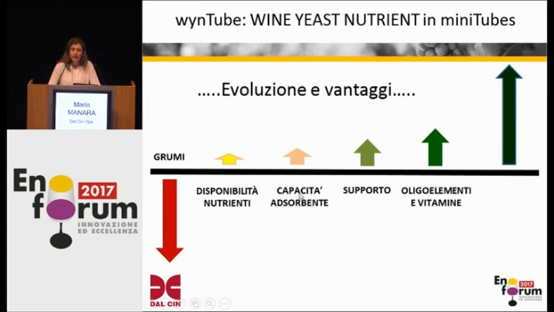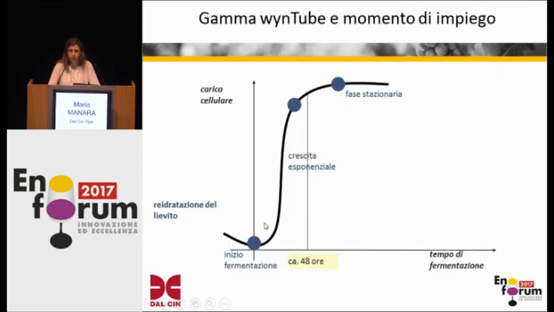WinTube also increased the absorption power, the support, and also the presence of oligoelements and vitamins that we took particular care in improving, particularly with reference to magnesium and some vitamins that needed to be maximized because they can provide a positive effect and minimize, on the contrary, the content in terms of riboflavin. And the benefit that everybody can see is the ease of mixing of these nutrients.